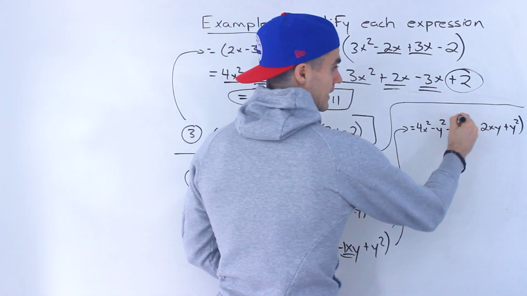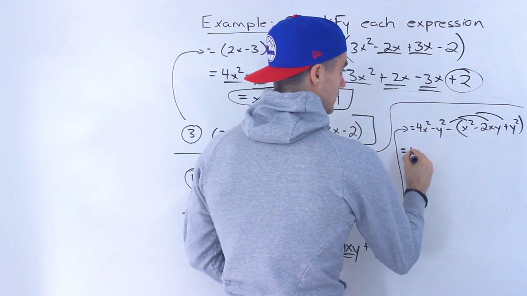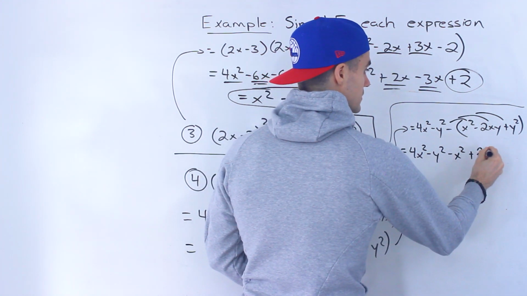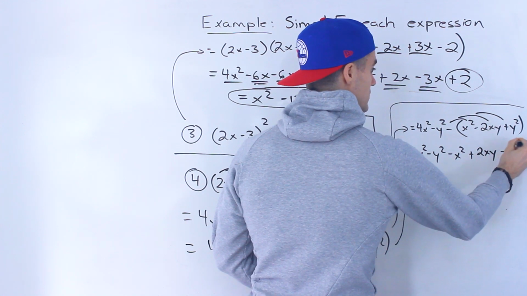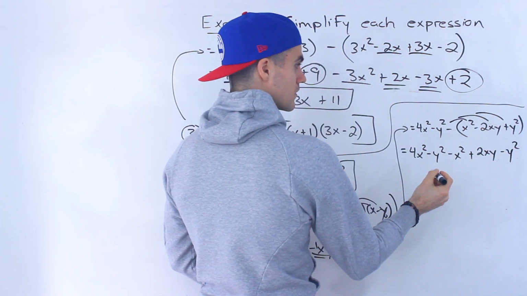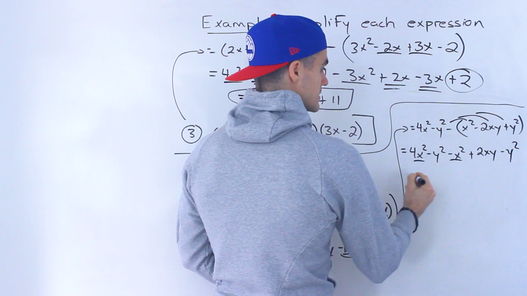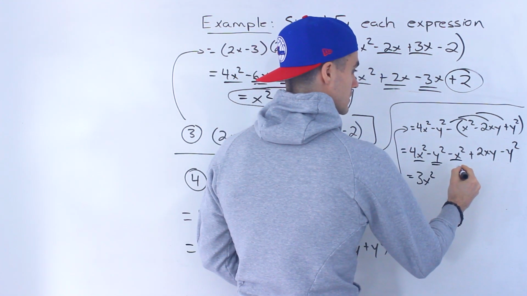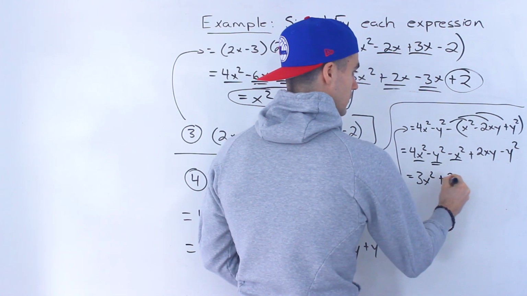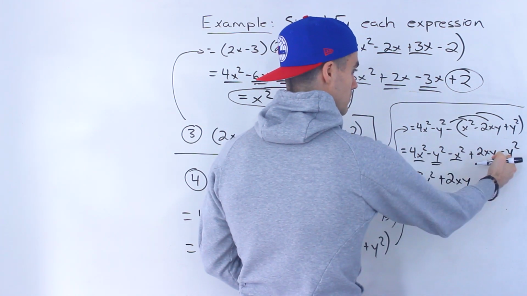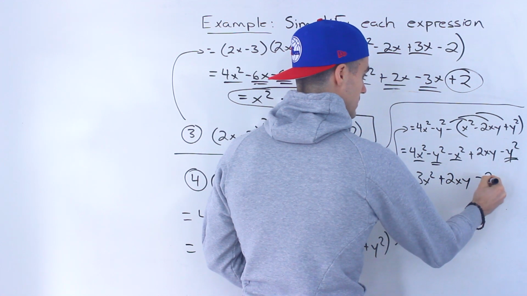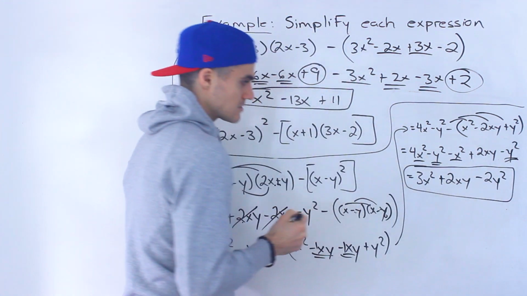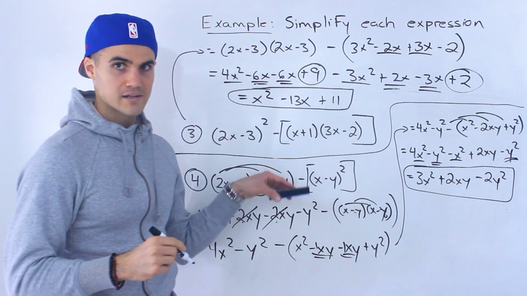And then distribute that negative inside the bracket, so we would end up having 4x squared minus y squared minus x squared plus 2xy minus y squared, like that. And then notice that this and this simplify to 3x squared. This, you know what, let's actually put this first, so that would be 2xy, and then minus y squared, that gives us minus 2y squared. And so that ends up being the final answer for that expression simplified.